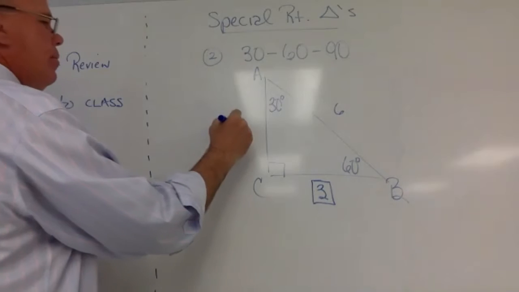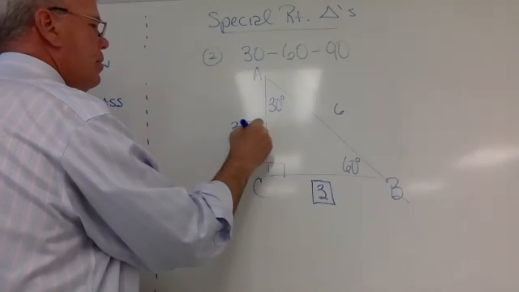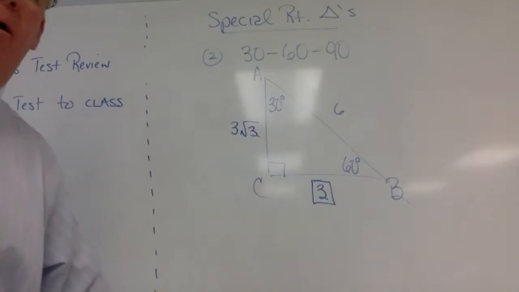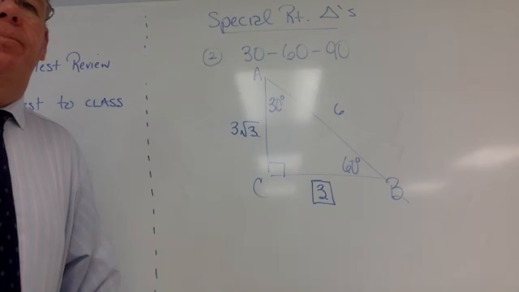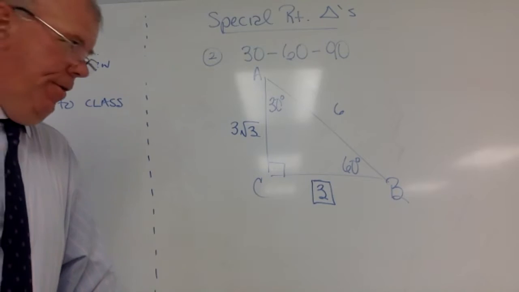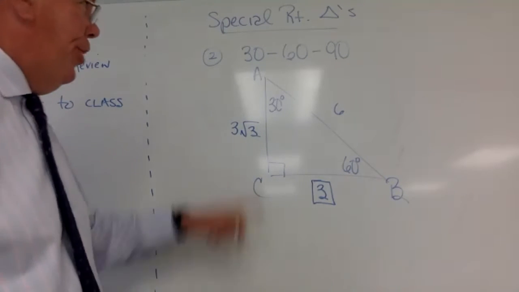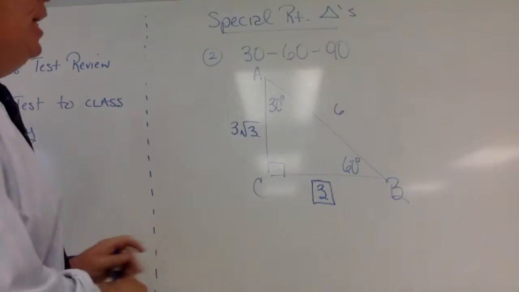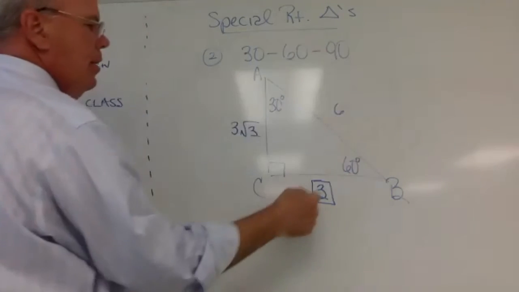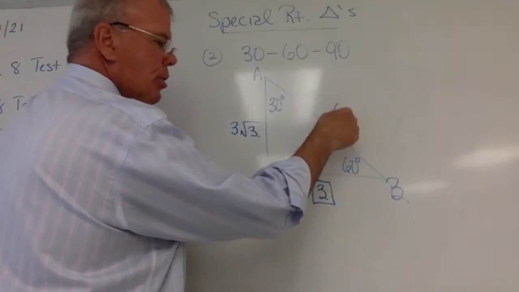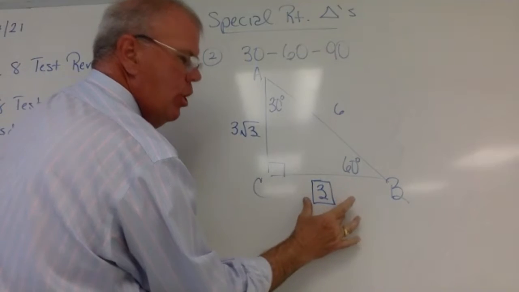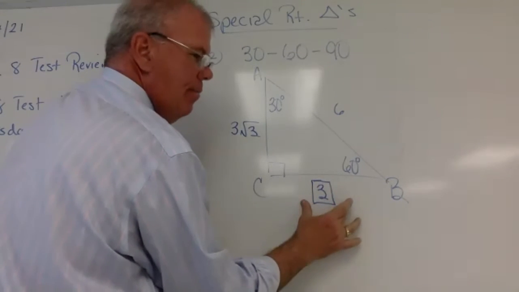What about this one? What's the rule? Times the square root of 3. Very good. Times radical 3. So here's what you know in a 30, 60, 90. In a 30, 60, 90 triangle, the hypotenuse is 2 times the shortest side.